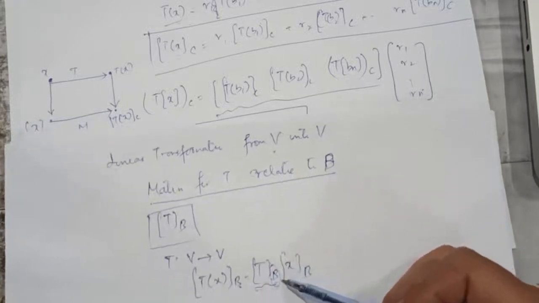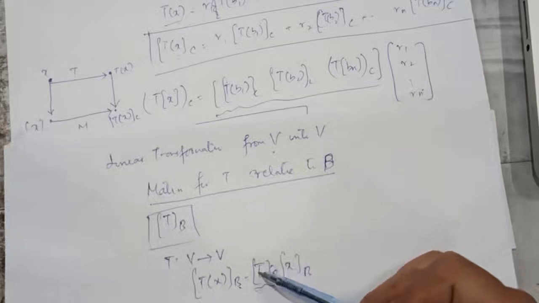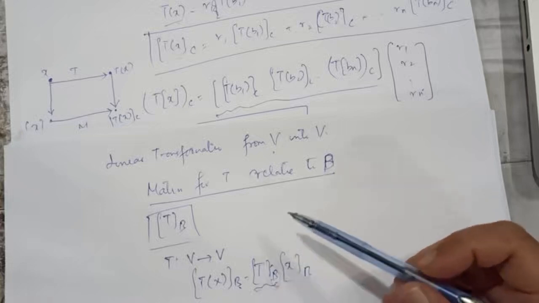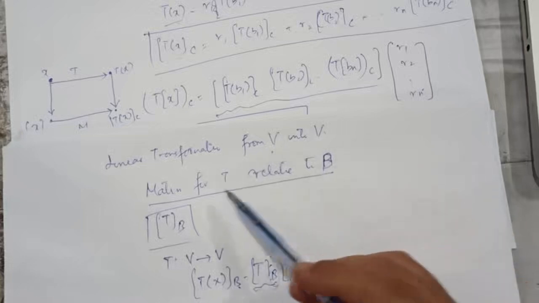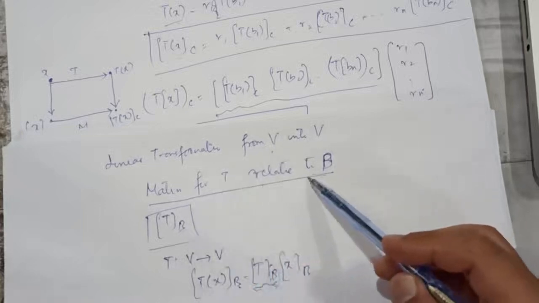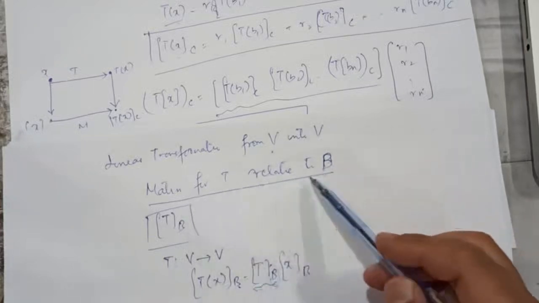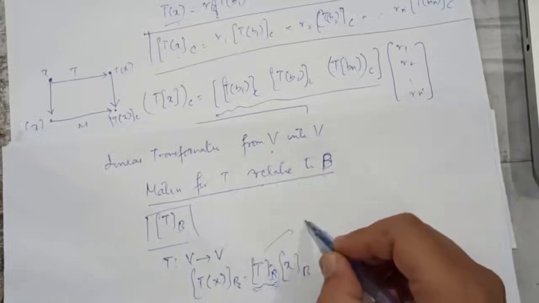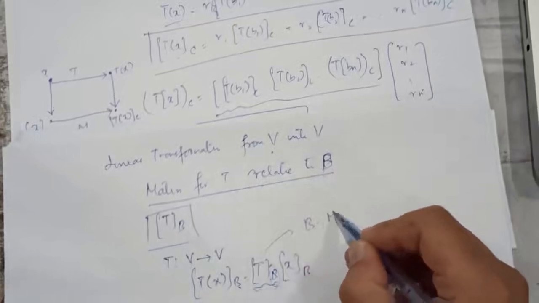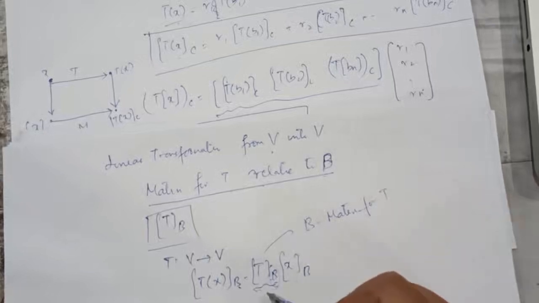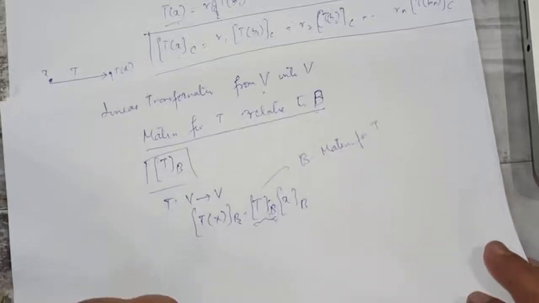You have to really understand that this transformation matrix has to be represented in terms of B, right? So this is the matrix for T relative to B, or it is often referred to as the B matrix for T. That means the T matrix has to be in the basis B.